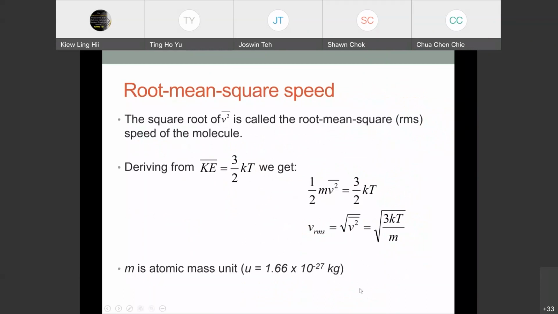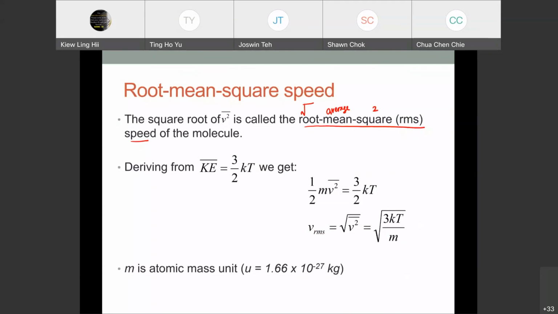Because we are referring to the average velocity only, we call this root mean square speed. Root mean square: root means the square root, mean is the average, and square is to the power of 2.